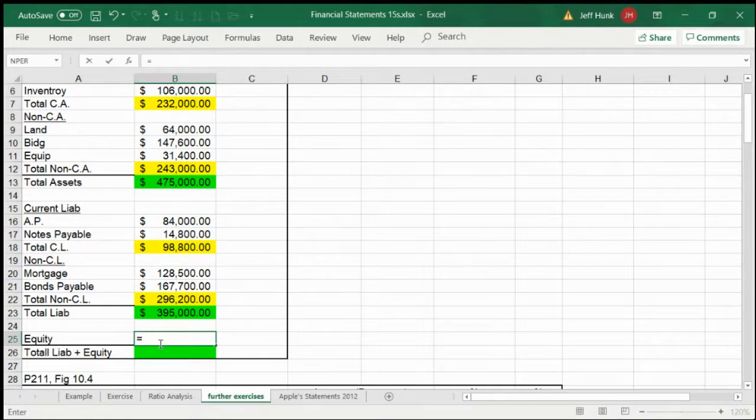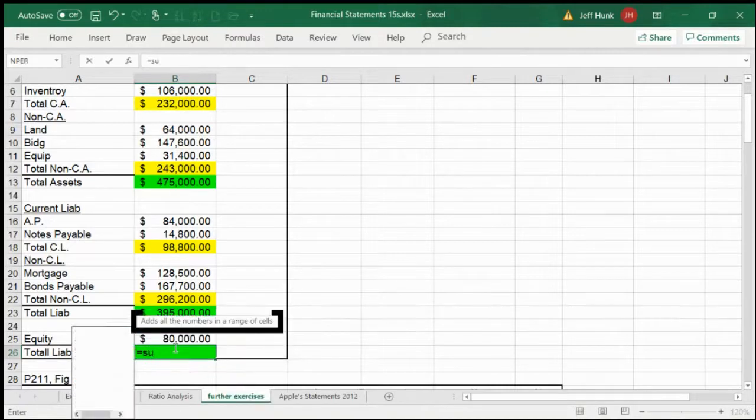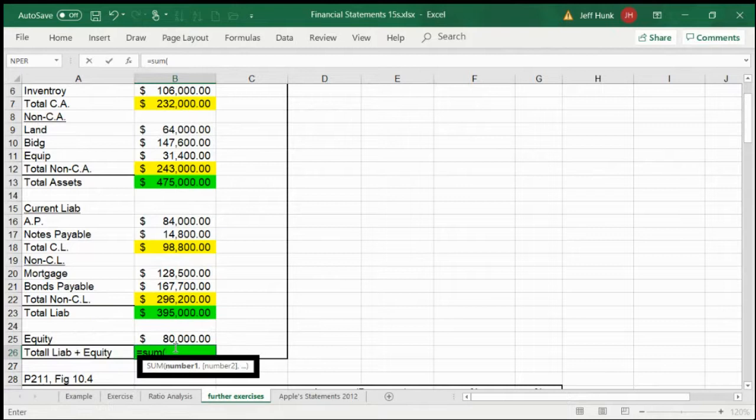So all you need to do is this minus this, and there you go. And then total liabilities plus equity is the sum of those two numbers, and they are balanced out. Okay.